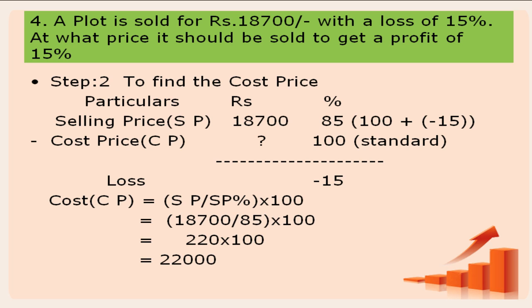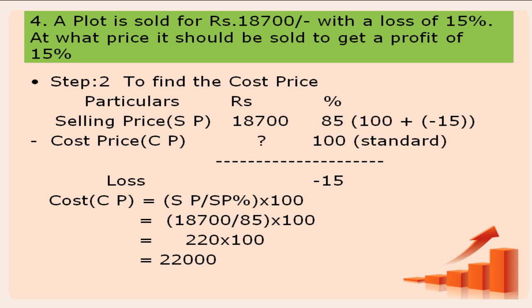Cost price percentage is 100, that is fixed. So selling price percentage is equal to cost price percentage plus profit or loss. So 100 plus of minus 15, which results to 85 percentage, that is equal to selling price percentage. Therefore selling price percentage is 85 and selling price in rupees is 18,700.